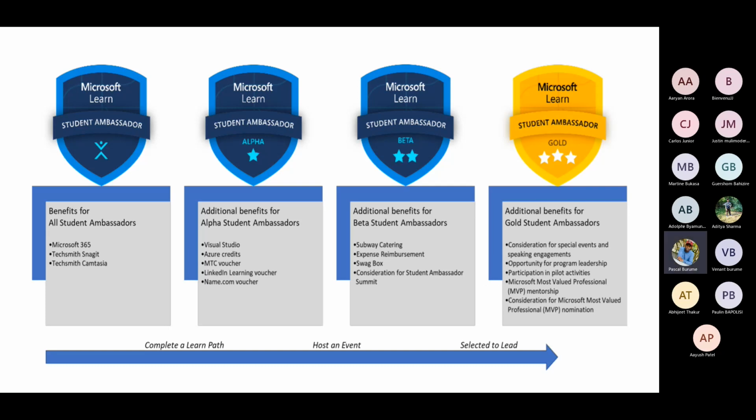I think there are 11 categories, but I don't remember. But to become Gold, it will be easy to be nominated as an MVP just by focusing on one area of technology.